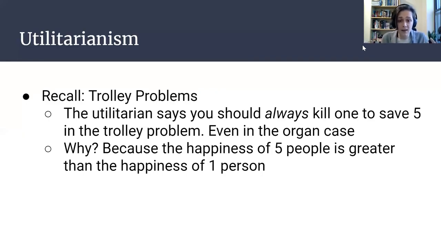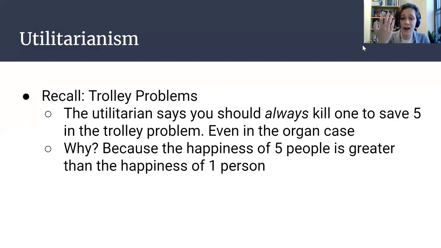So, in the organ case, you're presented with a choice. Do five people survive and lead happy lives? Or does one person survive and lead a happy life? And the utilitarian thinks, faced with that choice, the morally right thing to do is to choose five people surviving to lead happy lives.